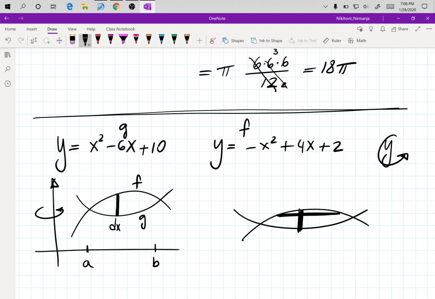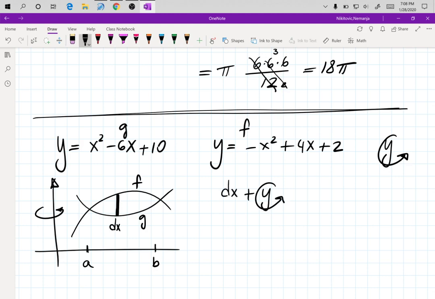But if you are using dx, then you must have x rotation for a disk, but you don't have it. You have a y rotation, which means that you have to use shell method. So dx plus y rotation equals shell method.